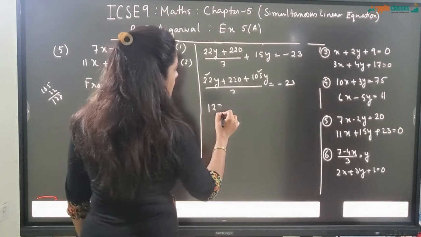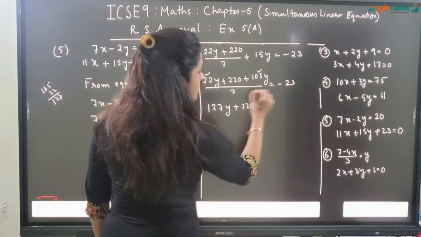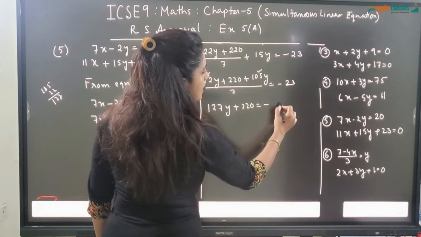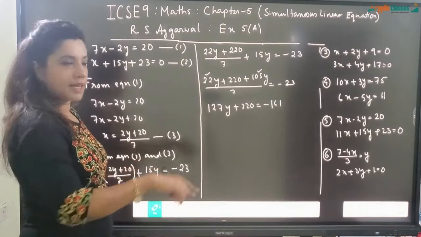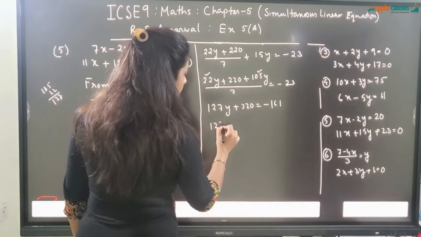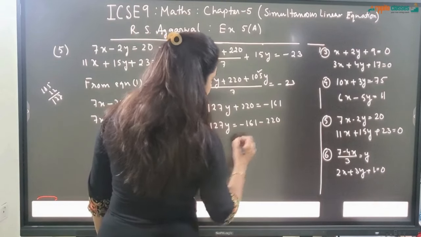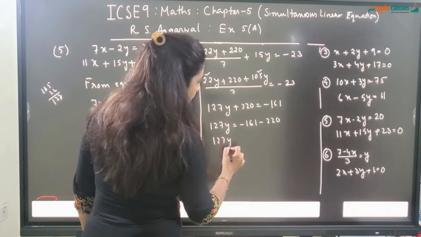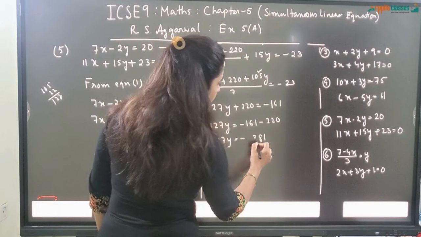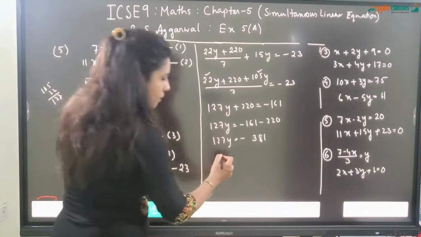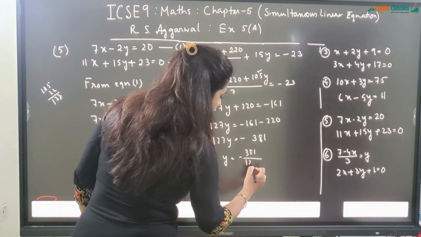So 127y plus 220 is equal to, 7 goes that side, so minus 161. Now in the next step I will send 220 that side, so 127y is minus 161 minus 220. So 127y will give me minus 381. Okay, so y is equal to minus 381 upon 127.